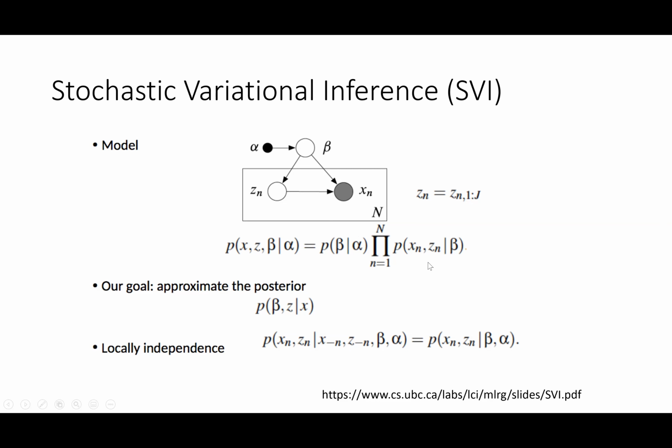So this is what we basically do, right? The overall goal is to learn the posterior, involving local independence, and because of local independence, this one would not be too dependent on the previous. The second thing is that we have another IID assumption here, so that we can factorize it this way, right?